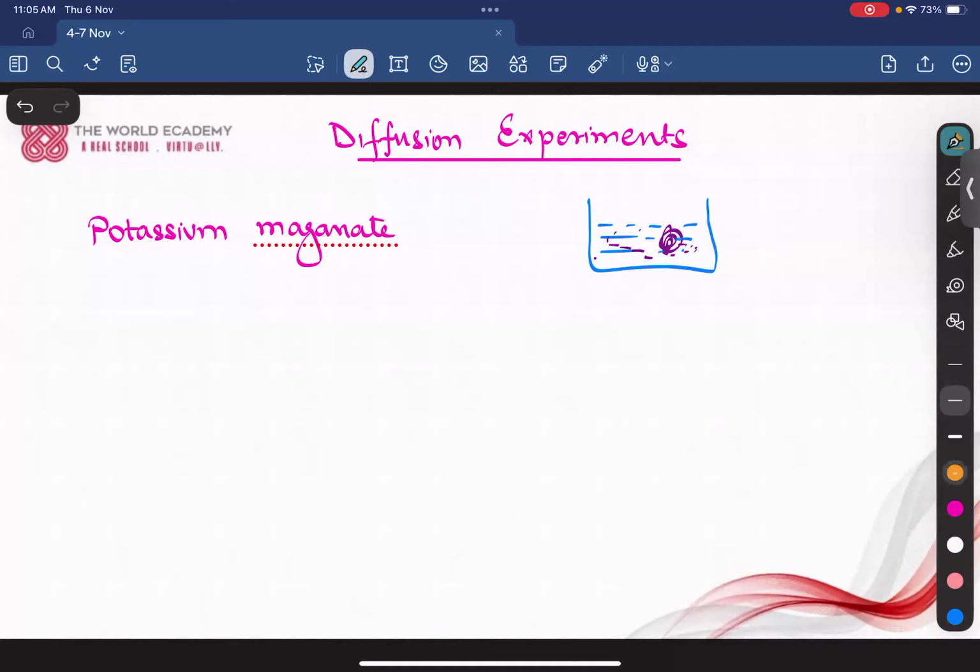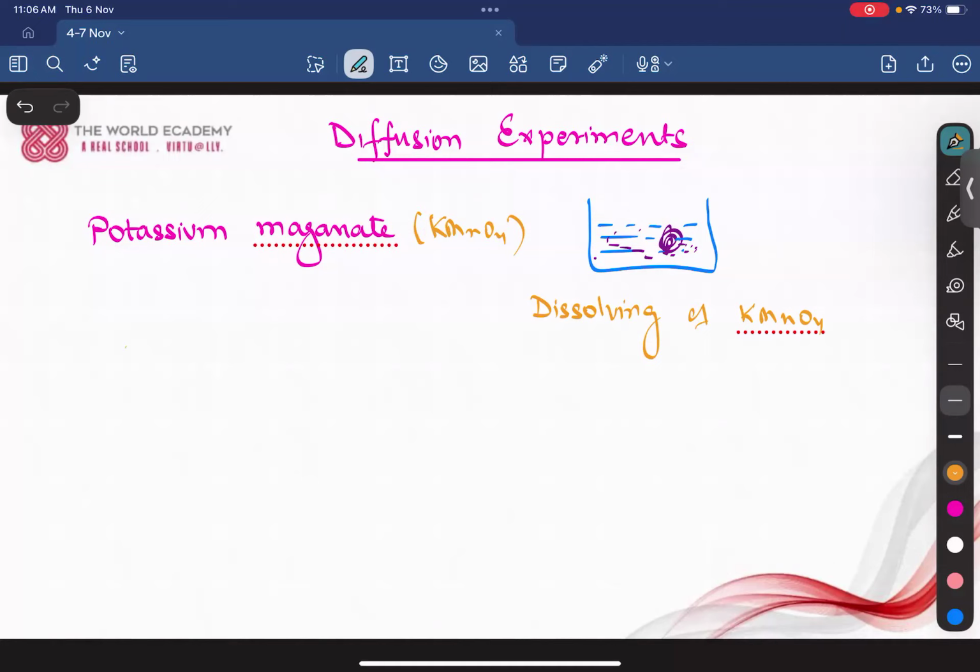Now this is called dissolving. We know dissolving, right? Dissolving of KMnO4, the formula is KMnO4. So this KMnO4 is going to dissolve, and this is called diffusion.